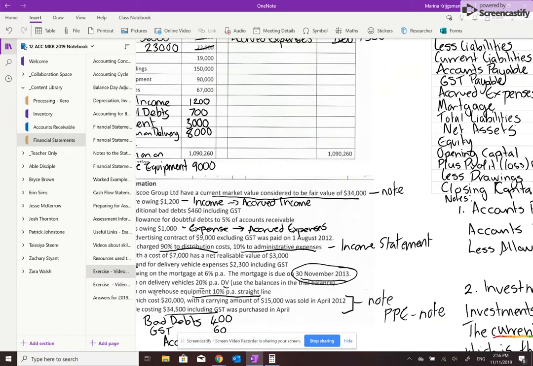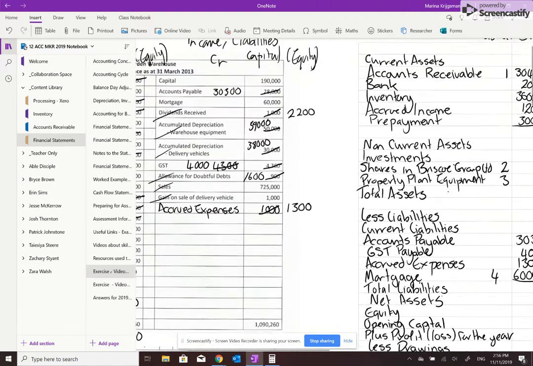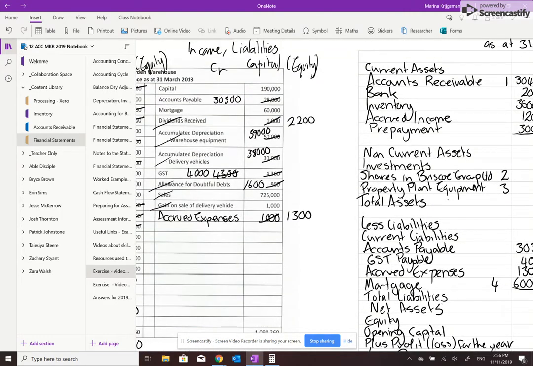Right, so we're going to start with all our income. So we've got dividends received of 2,200 plus sales of 725,000 plus gain on sale of 1,000.